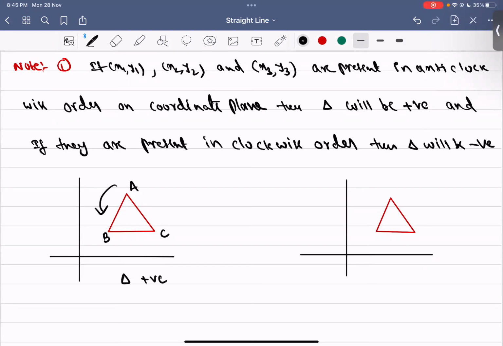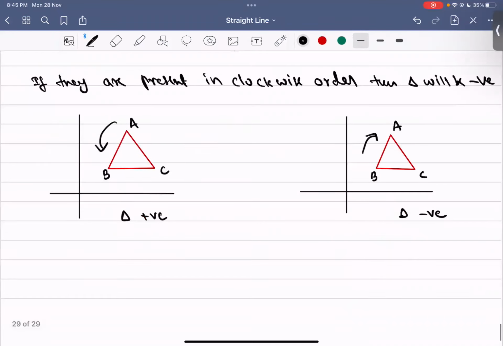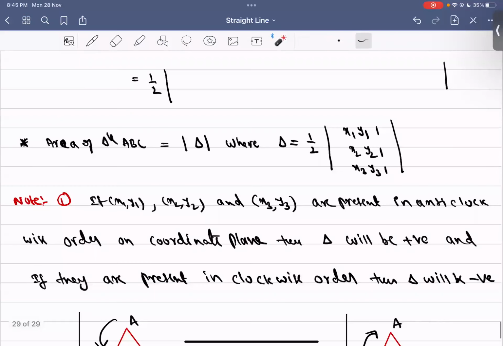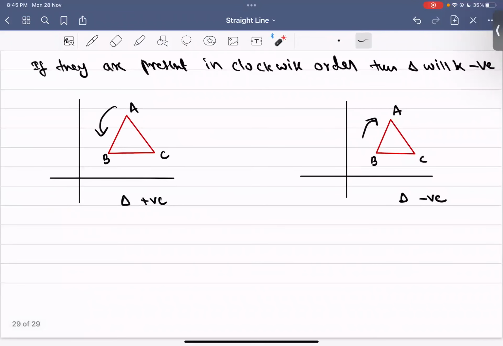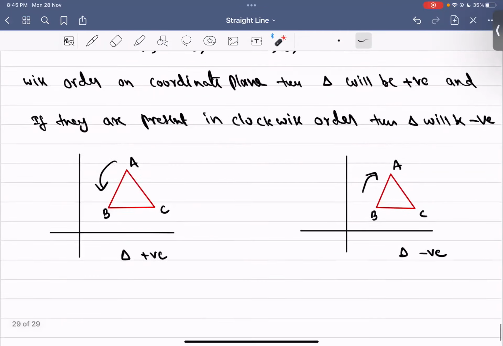If you take the vertices in the clockwise sense, that is A, C, B, then here delta will be what? Negative. That's it. But area is never negative. So for area, we always take what? Mod of delta. So mod of delta is the area of the triangle. So this is the first note. Next, note number 2.